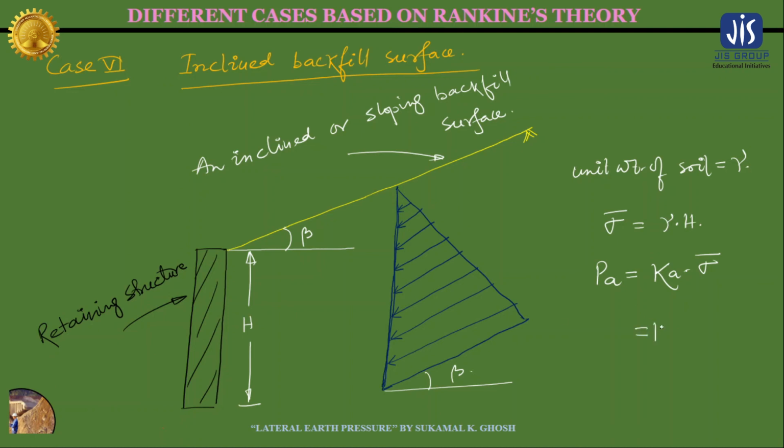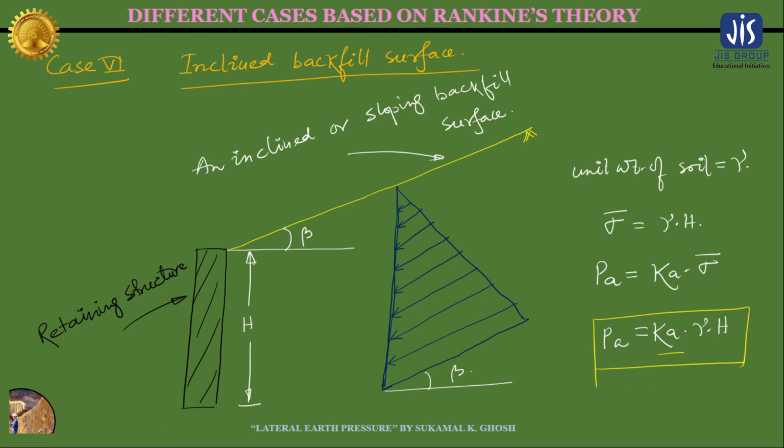So it will be Ka into gamma into h. For inclined backfill surface, the active earth pressure is Ka into gamma into h.